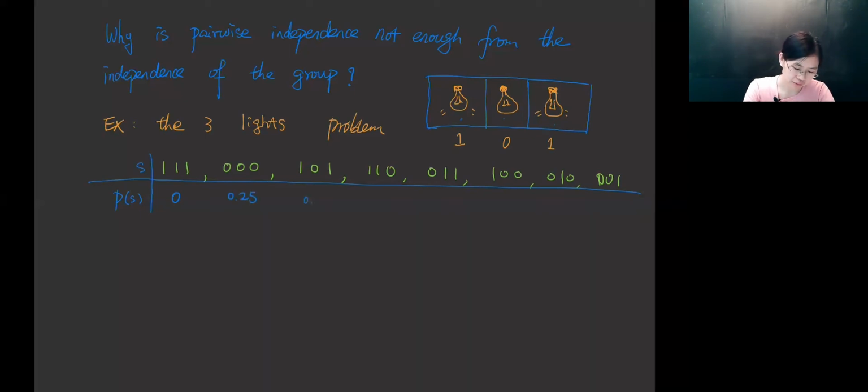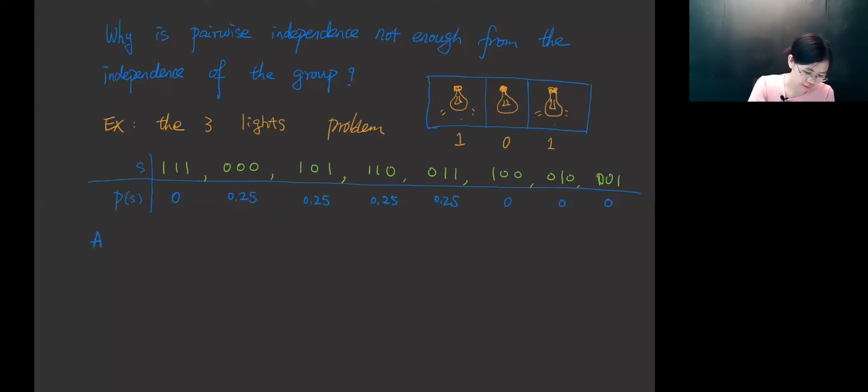And 0.25 for each of the outcomes in which 2 light bulbs are on. And the probability that only 1 light bulb is on is 0. Suppose that is the probability measure that we consider.